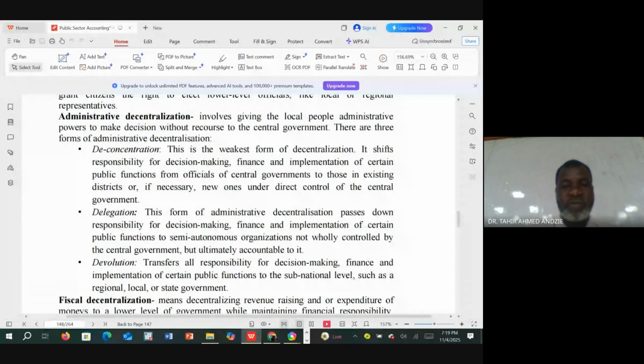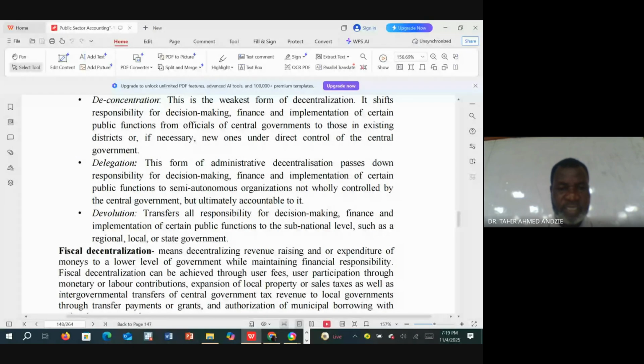They don't transfer all functions to this assembly. Okay, so decisions regarding finance and implementation of certain functions go from the officials of the central government to those in the existing districts, if necessary, and new ones under direct control of the central government. So the power is still under the direct control of the central government.